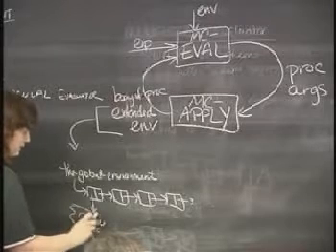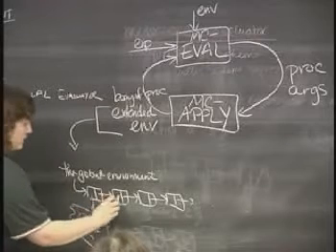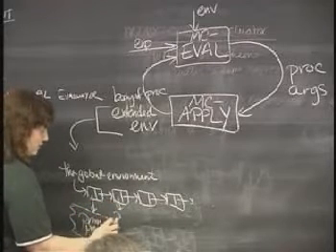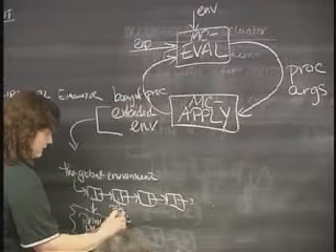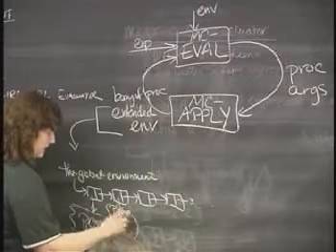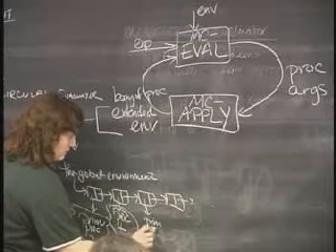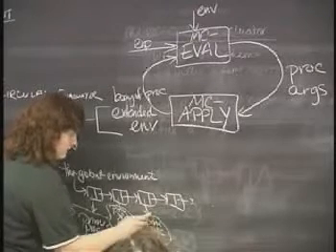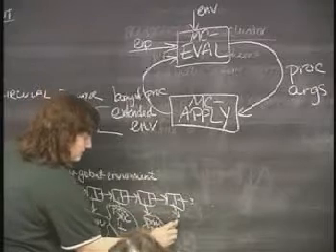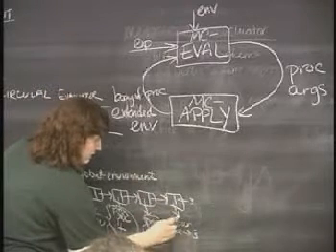It's actually going to be a list representation, but I don't want to draw that out completely right now. So we'll have some representation for the primitive procedure plus, for the primitive procedure minus, and for the primitive procedure divide. We might have some variable A bound to 3.